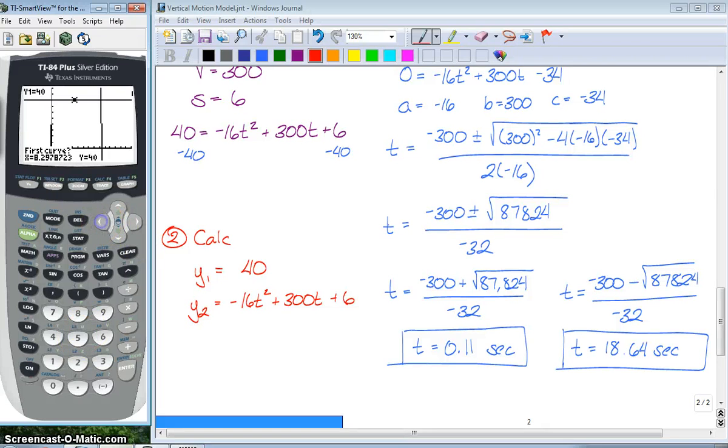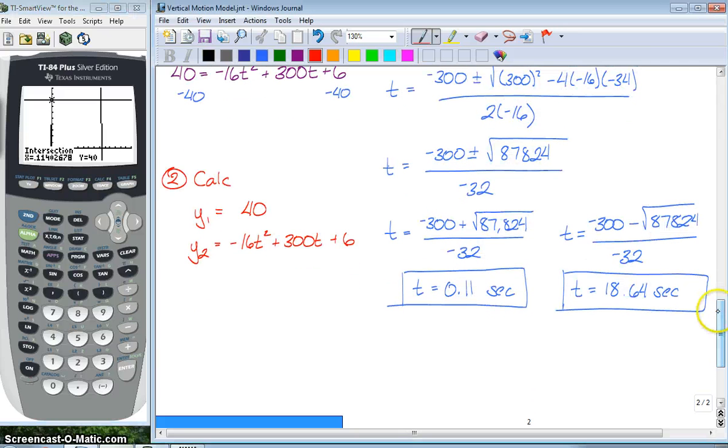I'm going to scroll as close as I can to the very first intersection point. Hit enter 3 times. And it tells me the intersection is 0.11, comma 40.